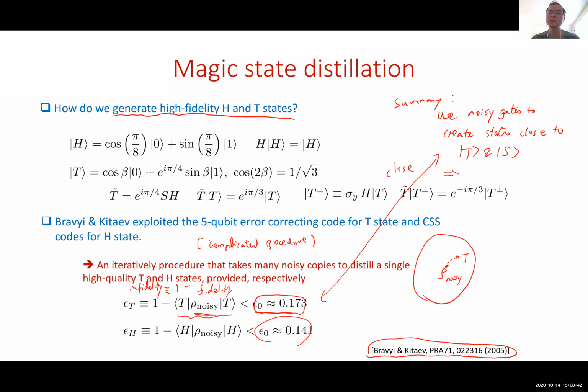If you were able to do that, then you can distill clean T and S, and from that can implement high fidelity non-Clifford gate.